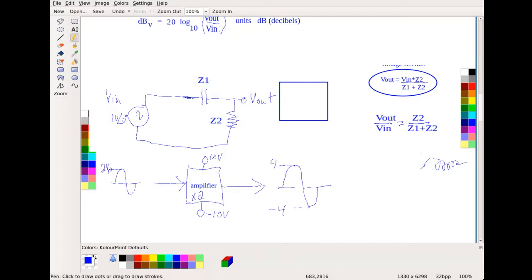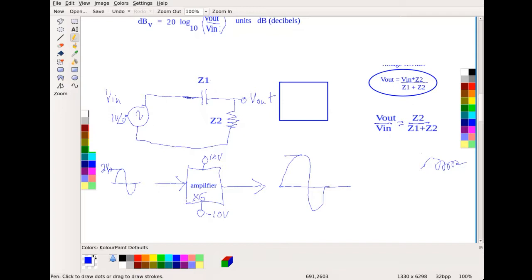No problem. However, let's say that my amplifier is multiplying times 6. So whatever's coming in, I'm going to amplify by 6. Then ideally, 6 times 2 gives me my sine wave here.